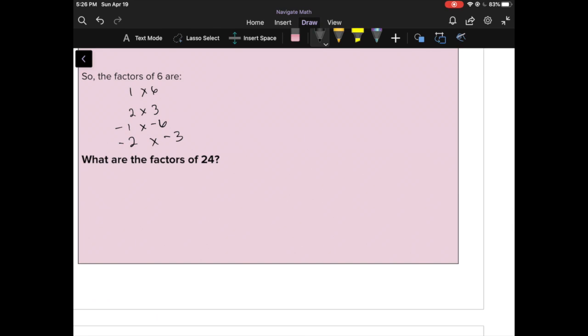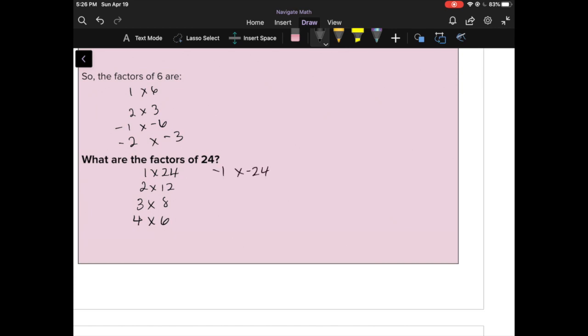Let's try another example. What are the factors of 24? So what numbers can you multiply to get 24? Well, I can do 1 times 24, 2 times 12, 3 times 4. Nope, that's wrong. 1 times 24, 2 times 12, 3 times 8, and 4 times 6.